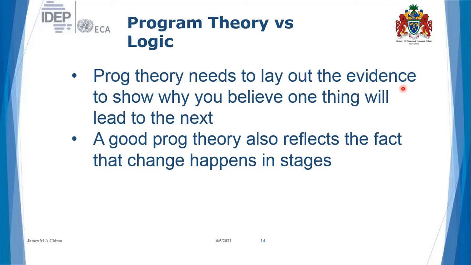And a good program theory reflects the fact that change happens in stages. These stages can either mirror the cumulative occurrence of the change or the incremental nature of the change that happens.